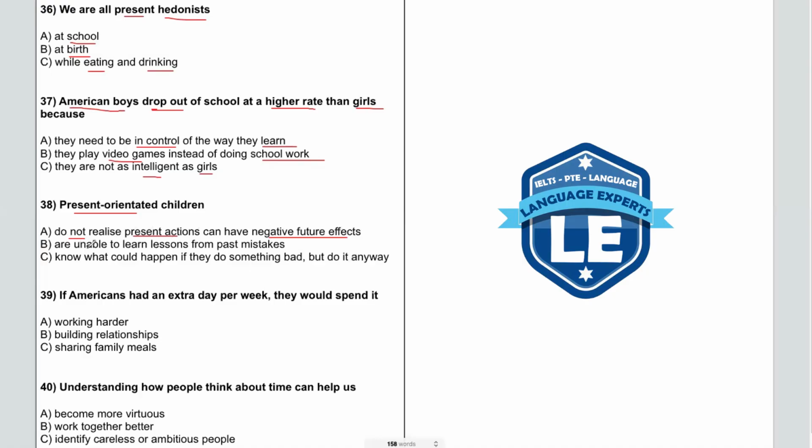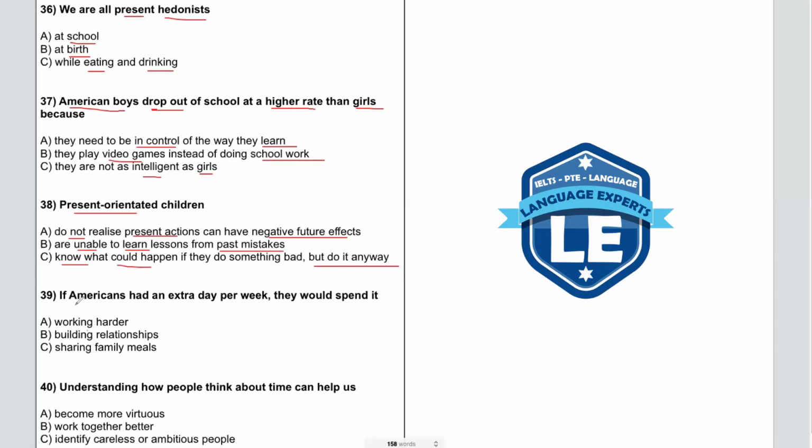B, are unable to learn lessons from past mistakes. And let's go ahead and look at C, know what could happen if they do something bad, but do it anyway. Now, this is very important. Could is a good word to underline because it's the conditional. So if I hear the speaker talking in the conditional or using conditional phrases, this might be the correct answer.